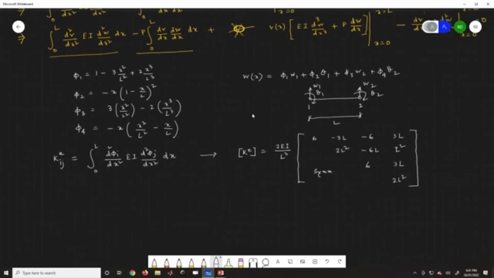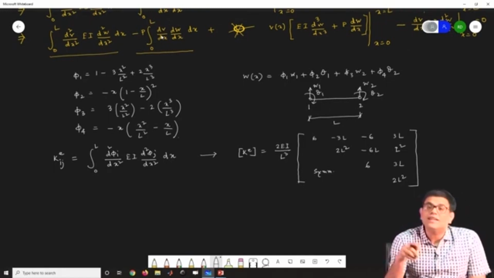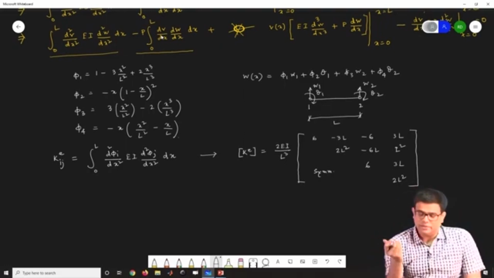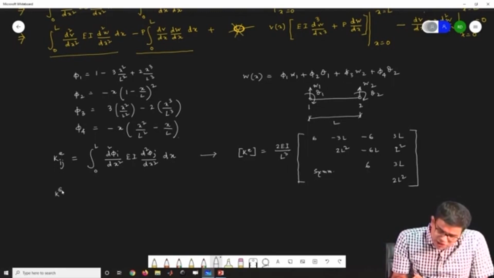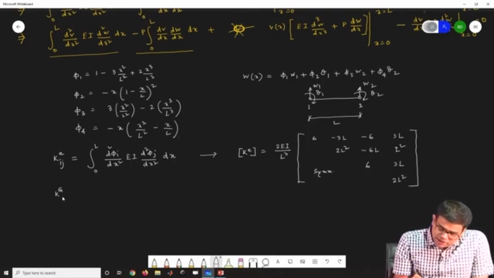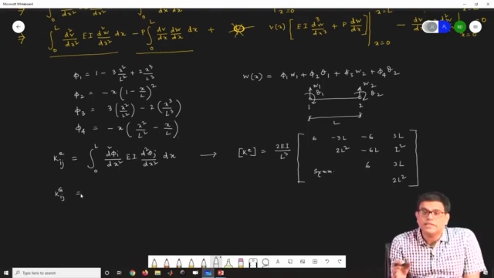Now the second term is required to find out. That will generate my geometric stiffness matrix, or the stability matrix. Let us define the stability matrix as Kg. But remember, this is an elemental stability matrix. So the geometric stiffness matrix Kg.